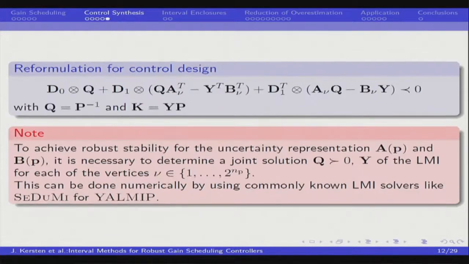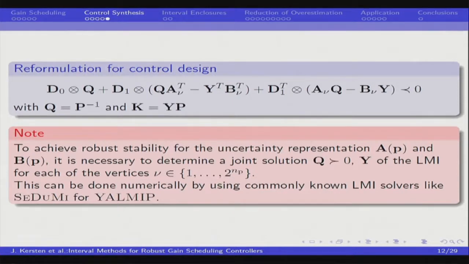So for the control design, we reformulate our equation from earlier to the one in the blue box. This is just the formulation for the controlled system, where we also solve this equation for the P and then get our controller gains.